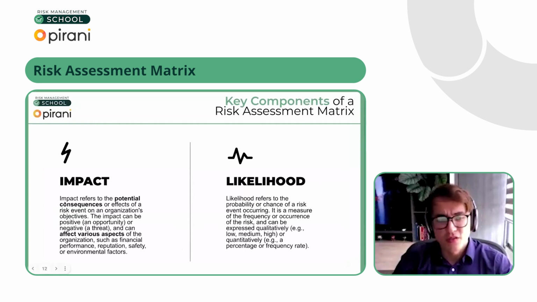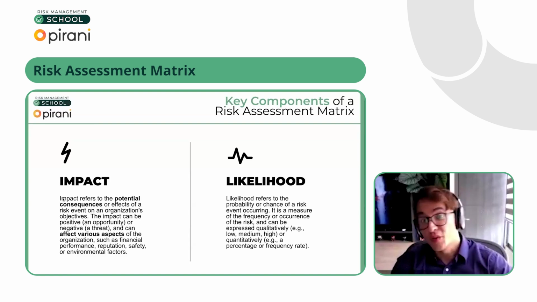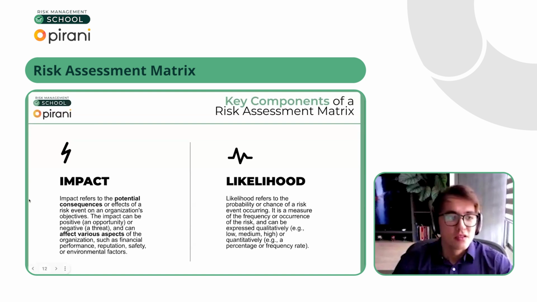The impact refers to the potential consequences or effects if a risk happens, and the likelihood is the chance of a risk event occurring. It is the measure of frequency or occurrence of the risk that can be expressed as low, medium, high, or in percentage, or likely, very likely.